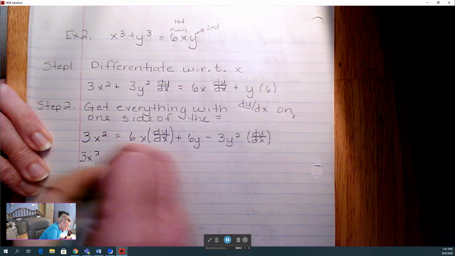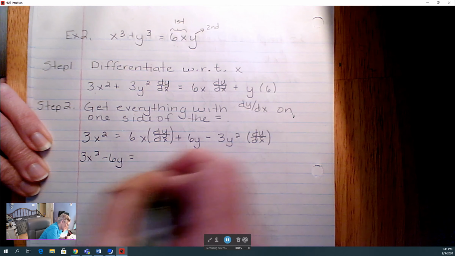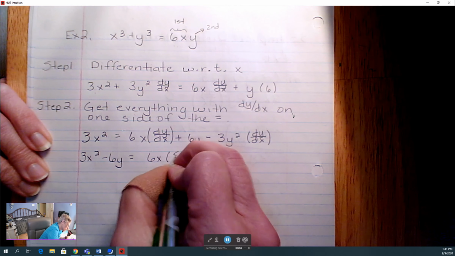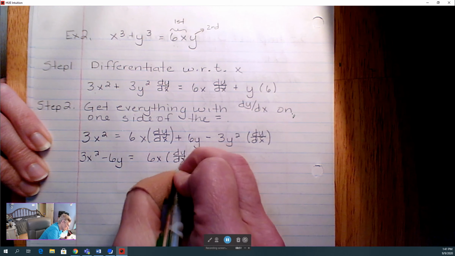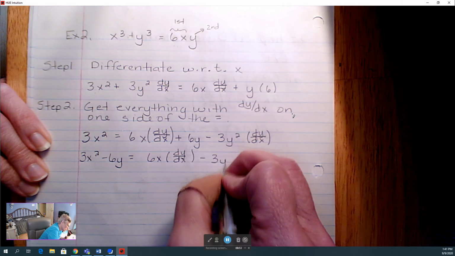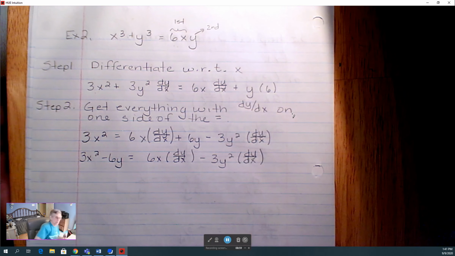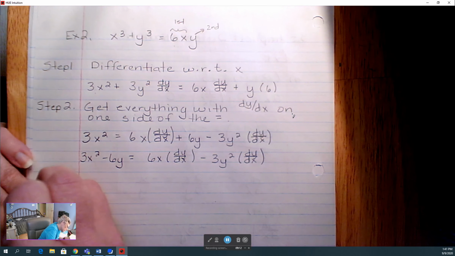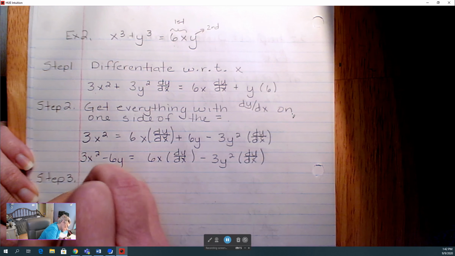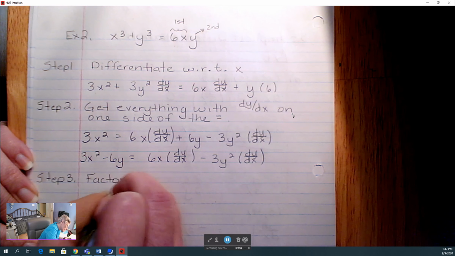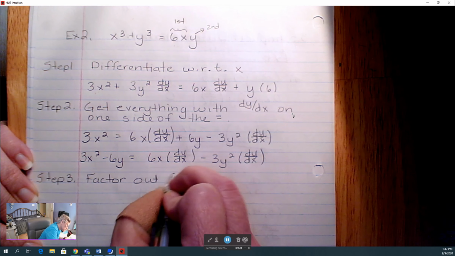You could have done that all in one step. I was just doing it nice and slow our first go round. So now we have everything with dy dx on one side and everything that doesn't have dy dx on the other side. Now I'm going to factor out dy dx.